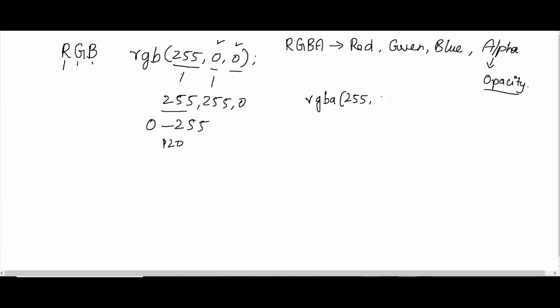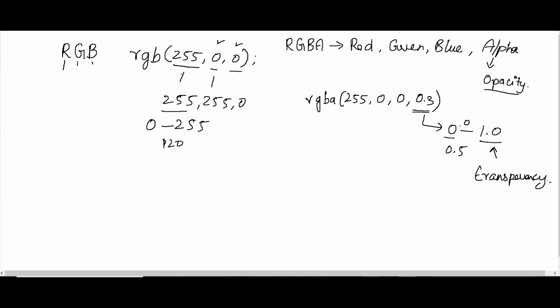So for red 255, 0, 0, and opacity 0.3. For this opacity I can give from 0.0 to 1.0. It may be like 0.5, 0.9. The minimum value is 0 and the maximum value is 1.0. Opacity means the transparency. It tells about the transparency ratio.